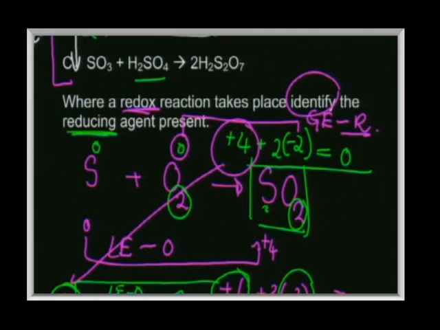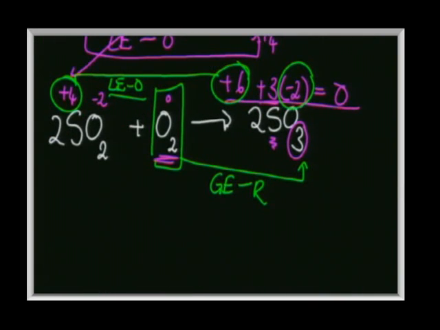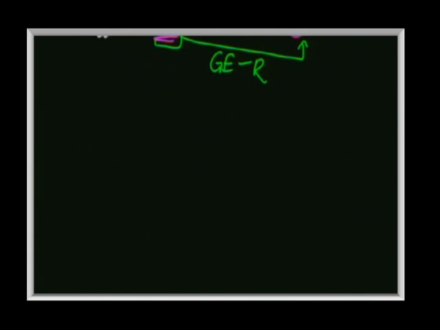We're going to start over here with the sulfur trioxide to do our last reaction. You'll see that the sulfur trioxide reacts with sulfuric acid to form H2S2O7. Again, they want us to find out whether this is a redox reaction, and if it is a redox reaction, they want us to identify the reducing agent.